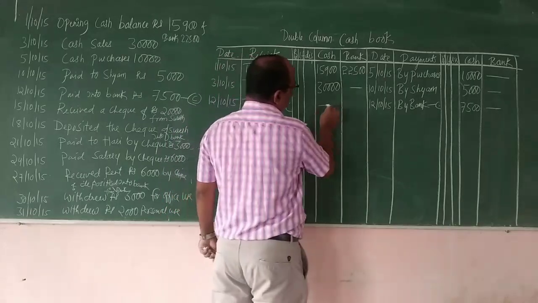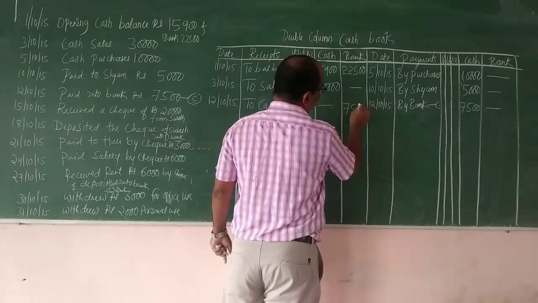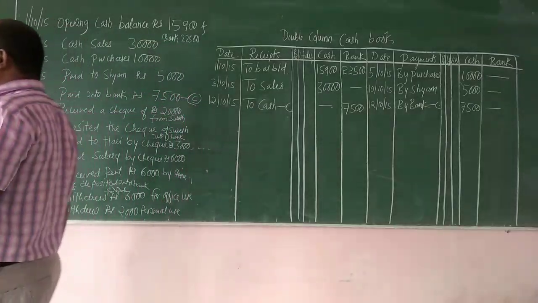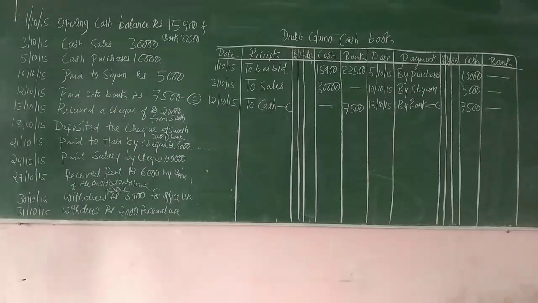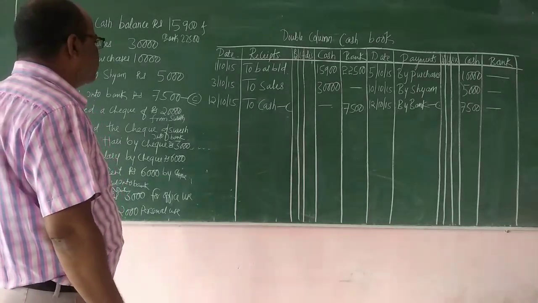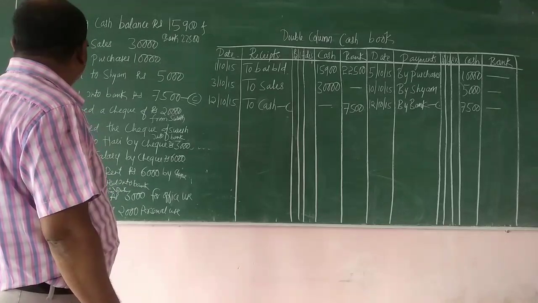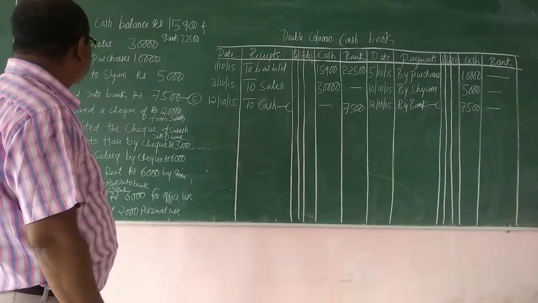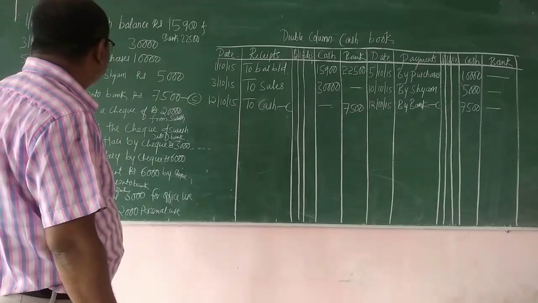So cash has come into the bank, 7,500. On the same day, there is a decrease in cash and increase in the bank balance. And next is 15/10/2015, received a check of rupees 20,000 from Suresh.